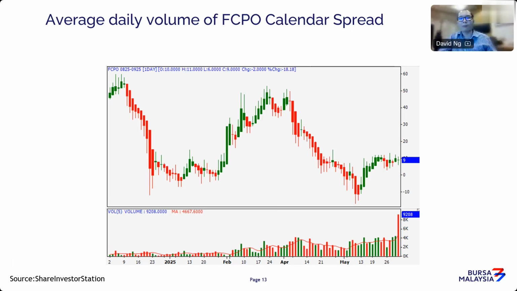So if you're worried about volume, like I said, always trade the third month onwards. Don't do anything that's too far, where volumes are below 1,000 or even 500 lots per day. That's considered very illiquid, so those contracts you should avoid.